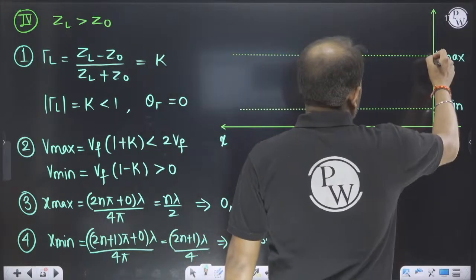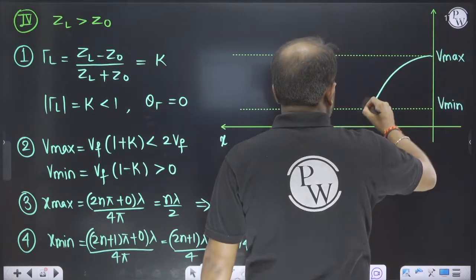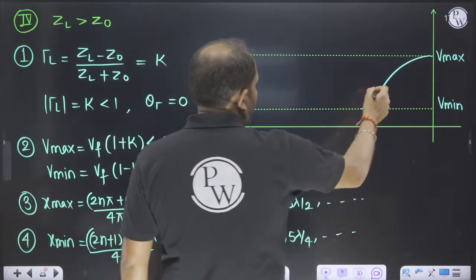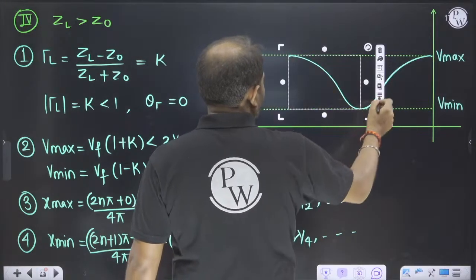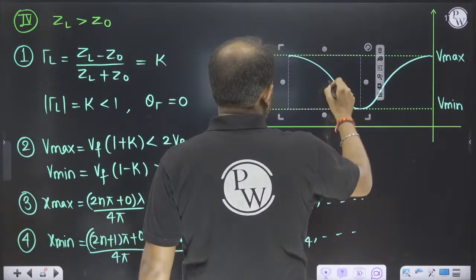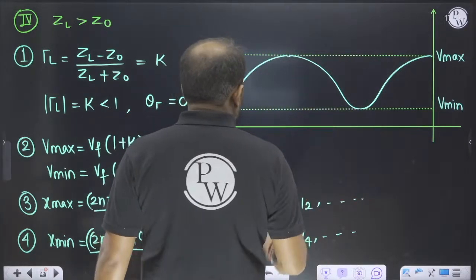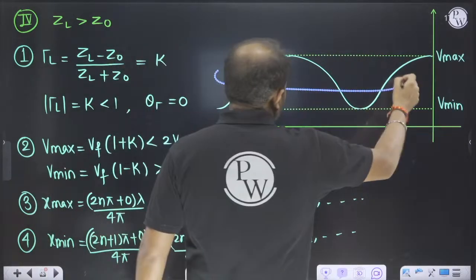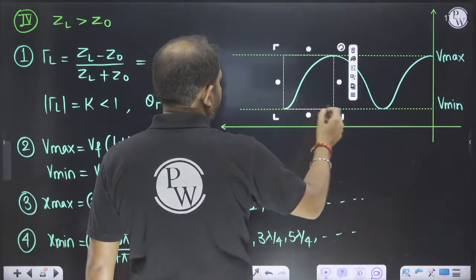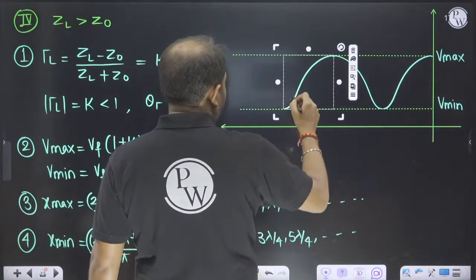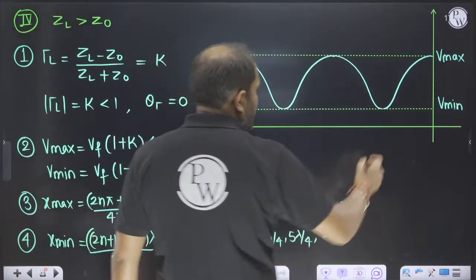So what will happen? Maxima and minima. So this is the graph for maxima and minima.